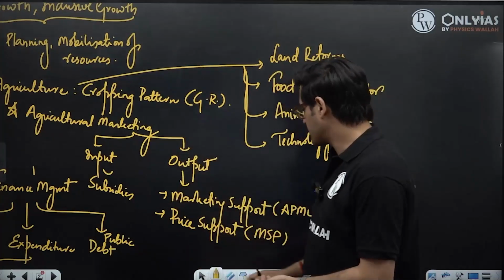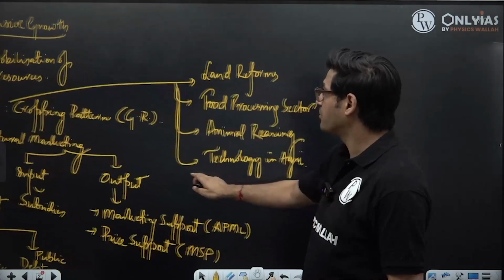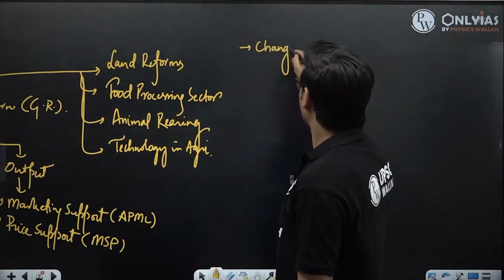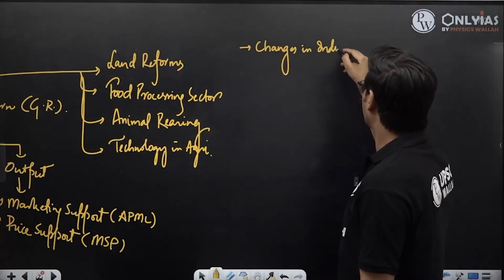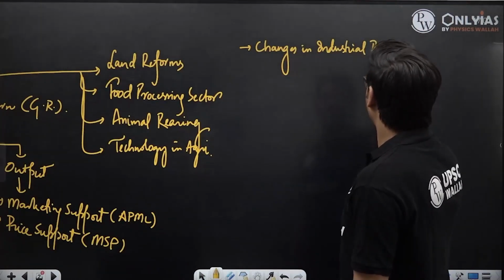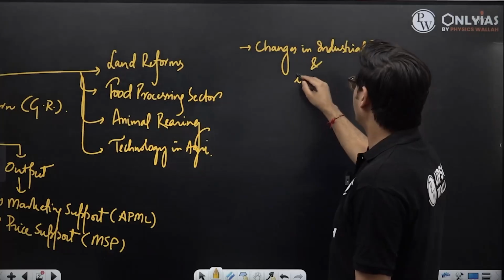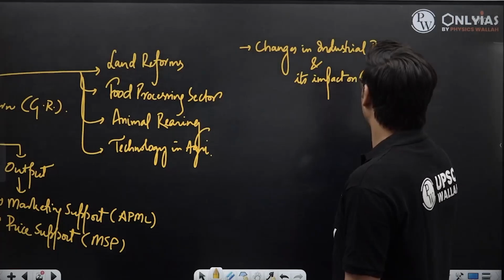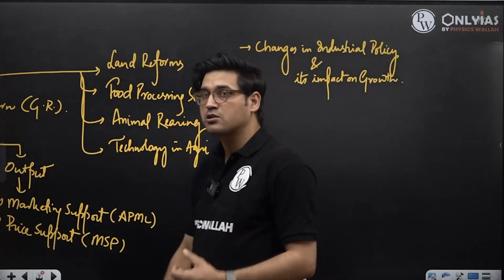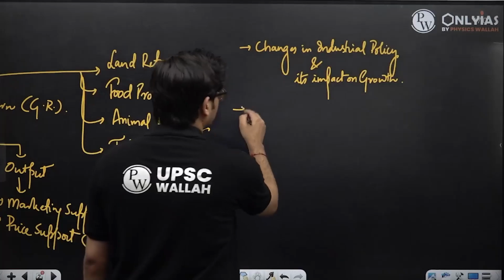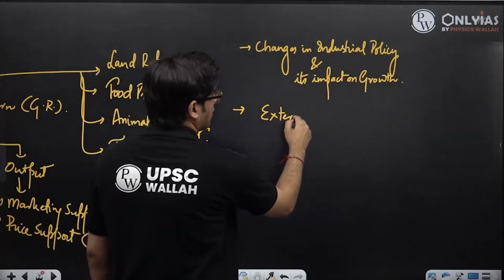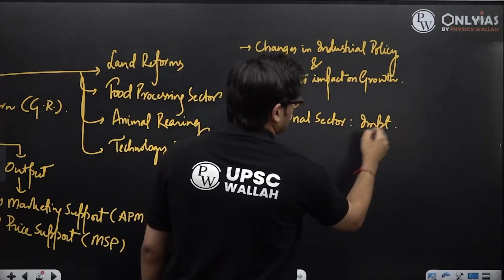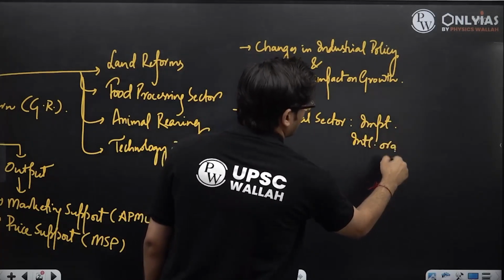Now, following agriculture, the other important topics from the mains perspective would include changes in industrial policy and its impact on growth. We will also have to discuss what is called the external sector and some important international organizations.